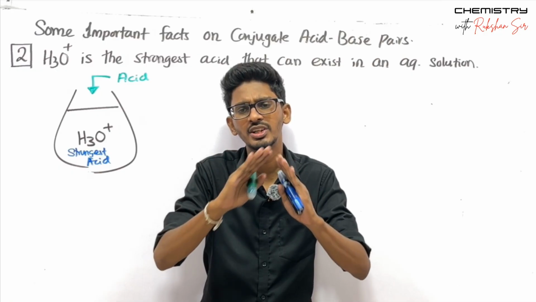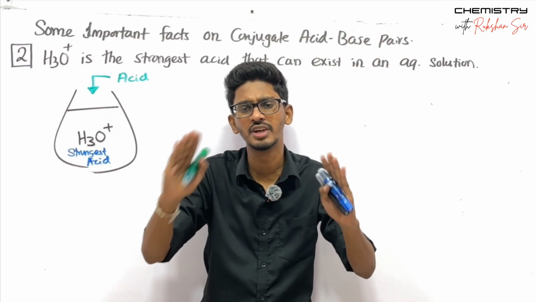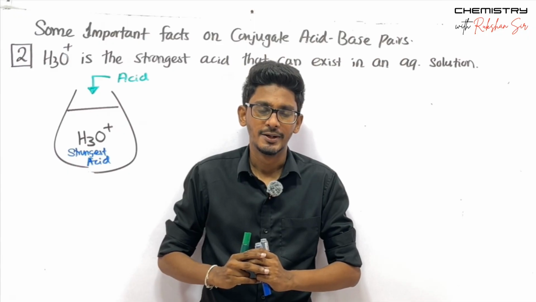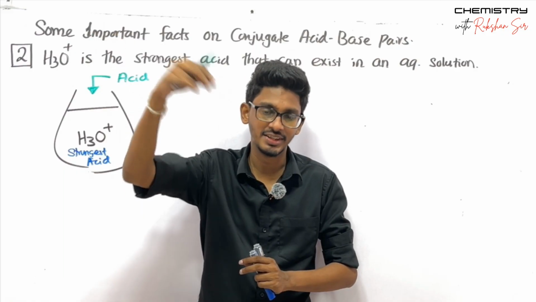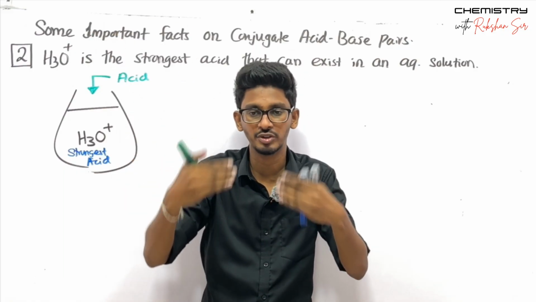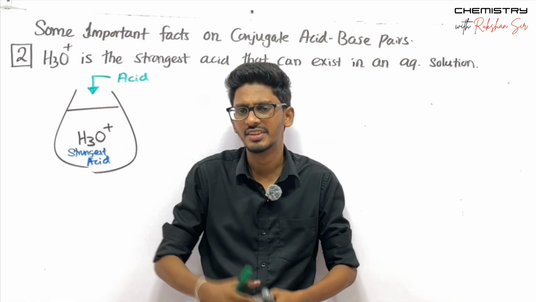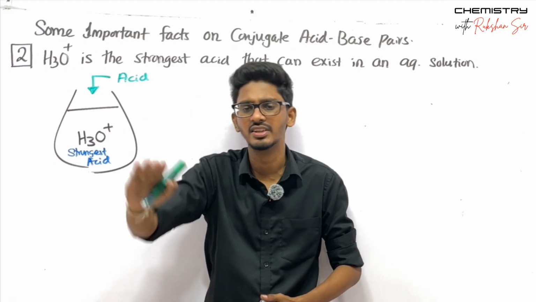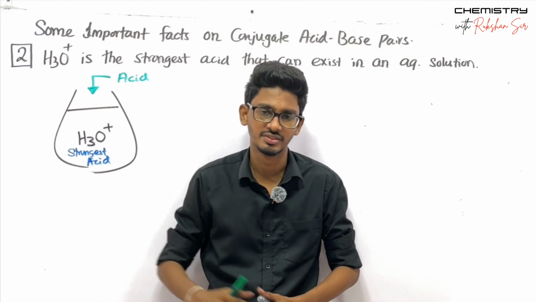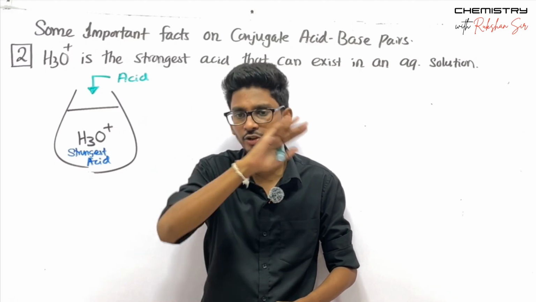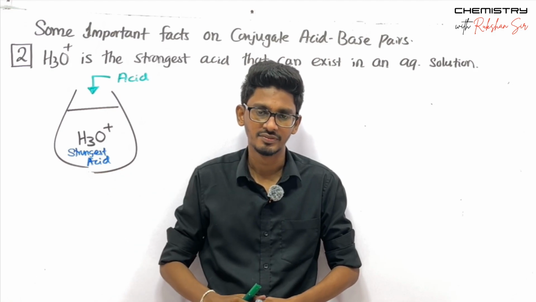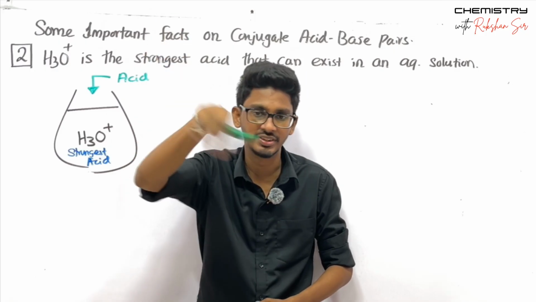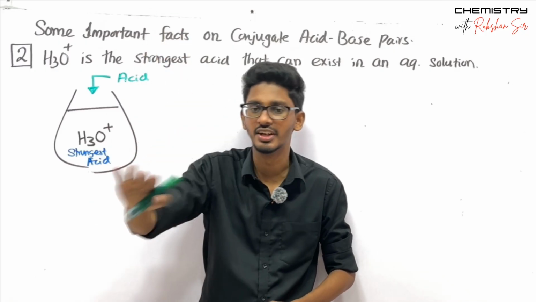H2O+ does nothing to such weak guys. But if what you are adding from the outside is stronger than H2O+, then H2O+ will definitely attack that species and completely destroy it.